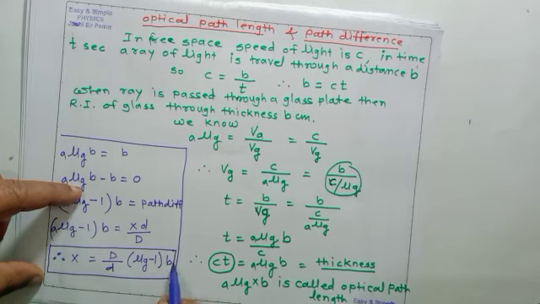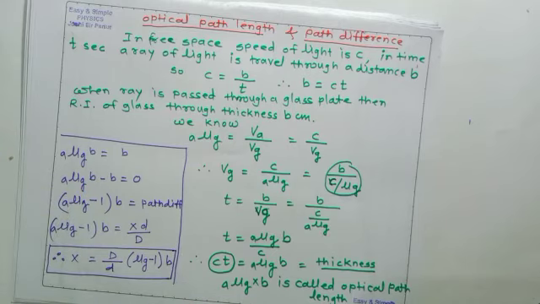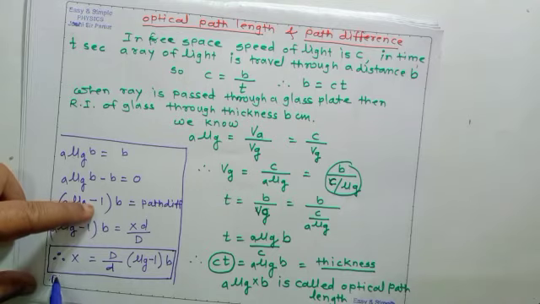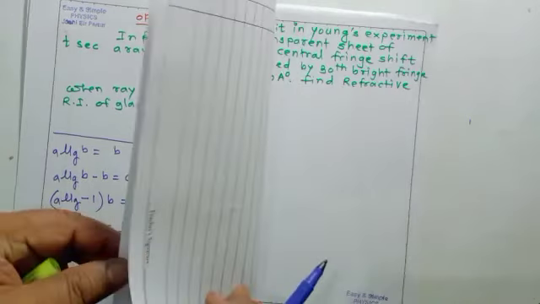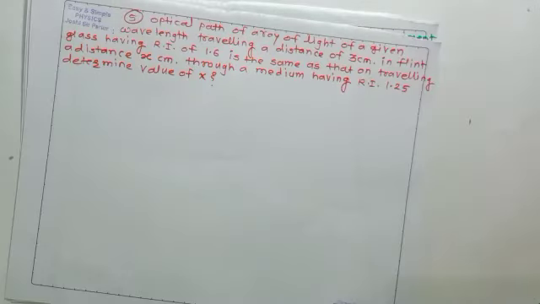This gives the optical path or fringe shift in material, where b is thickness, capital D is the distance between slit and screen, mu of glass with respect to air is the refractive index of glass, and x is the fringe shift in material. Using this, we can solve an example.